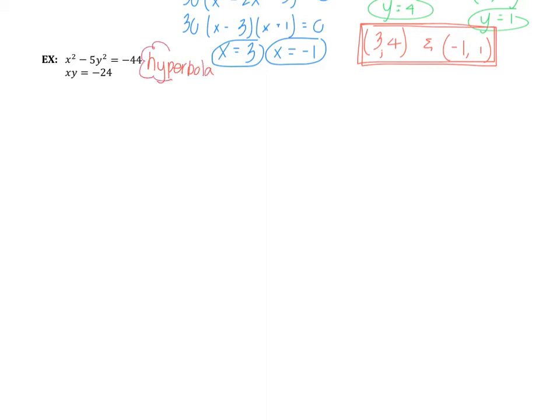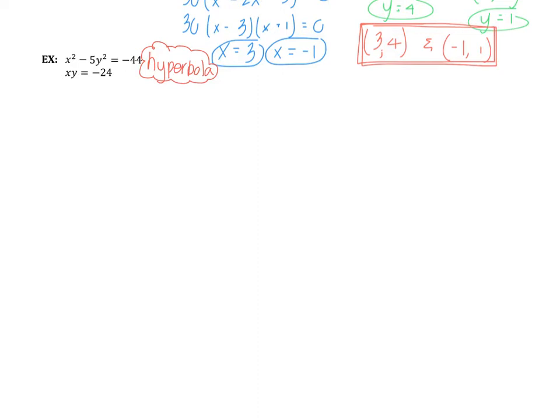And again, if you're like, wow, how do you know that? Please look at the Day 7 homework summary that is posted on Schoology to help you with these shapes. Now the last one, xy equals negative 24. Now I could see some of you thinking, oh, it's a line, no square term, I'm good to go.